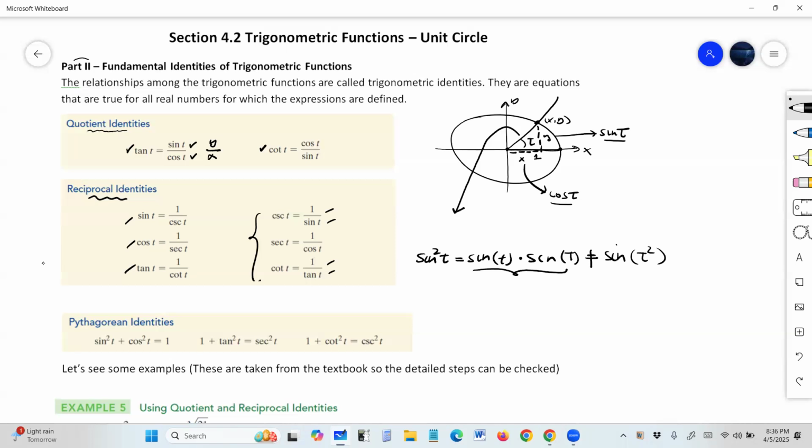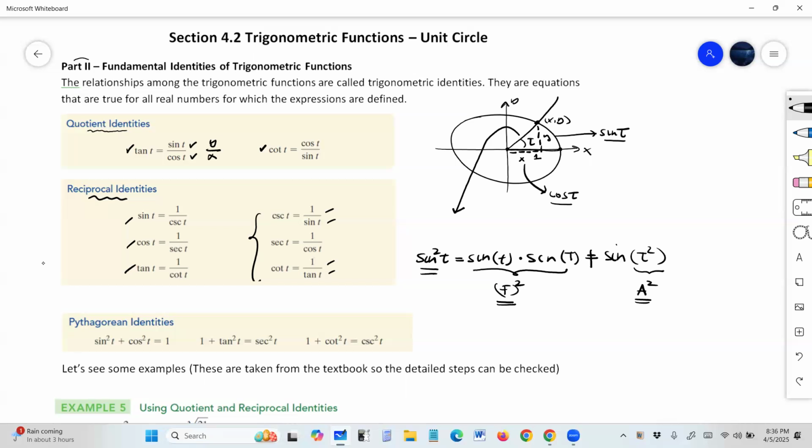This means the function getting squared. So this is the function squared, whereas this is the angle squared. Okay, so do not make a mistake.